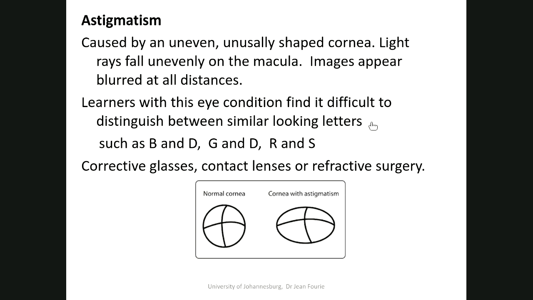Children with astigmatism often have difficulty with similar looking letters, things that have similar shapes but are slightly different, such as a B and a D, a G and a D, R and S. There will be difficulty with those. And corrective lenses, glasses, contact lenses, or sometimes even refractive surgery can be done to correct the astigmatism. So this can be helped with learners.